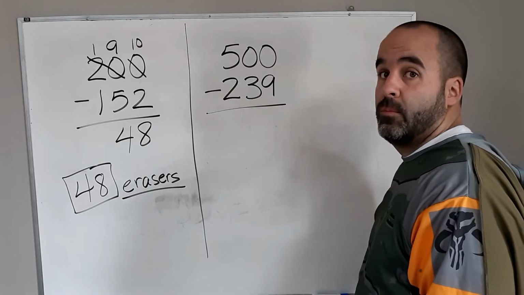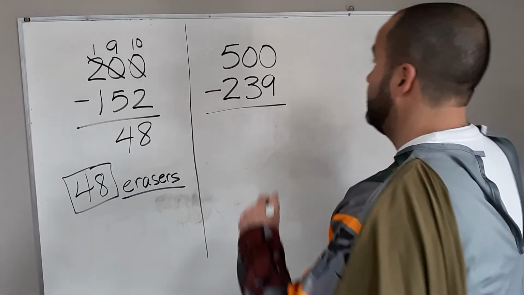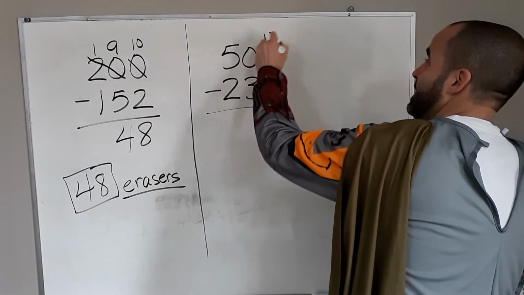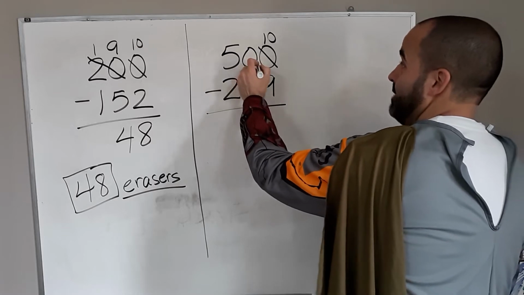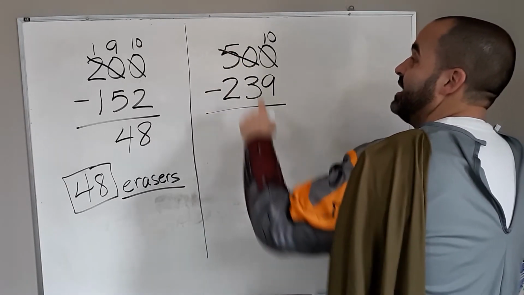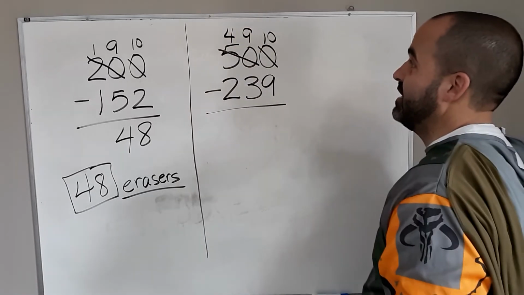Okay, what are we going to do first? Sure, 0 minus 9. Can't do that, so we're going to have to make that 0 a 10. I can't borrow from the 0, so now I'm going to borrow from 50 this time. Cross out 50, and 50 becomes 49, because I take 1 away from 50, I have 49.